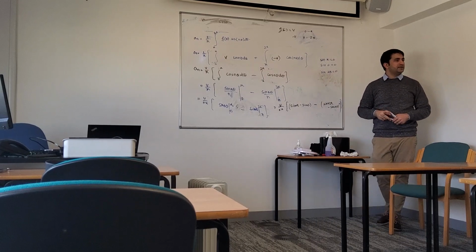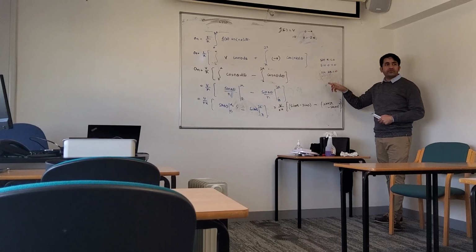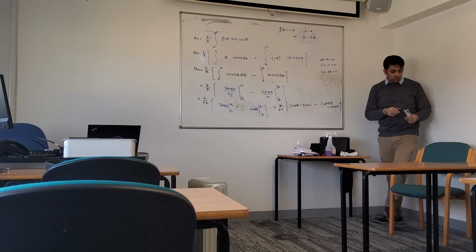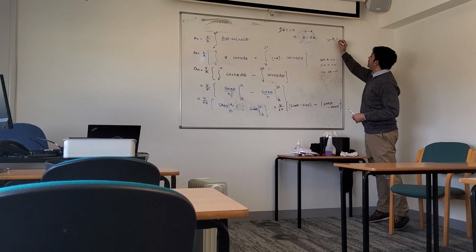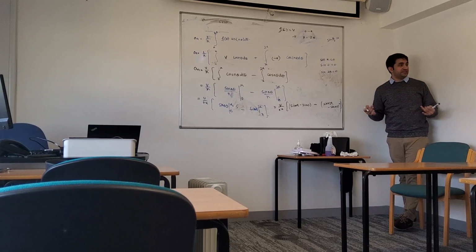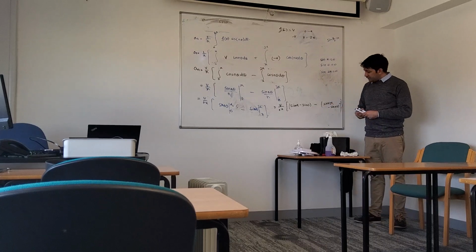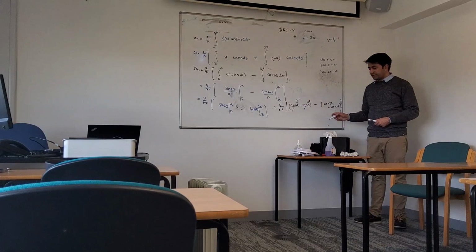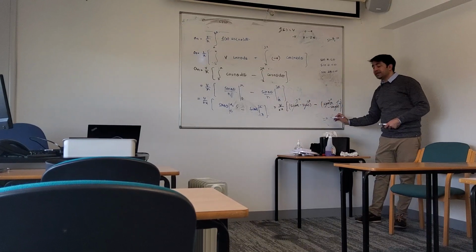So whatever the value of n, 1, 2, 3, 4, 5, sine is 0. The only point where sine is 1 is pi by 2, but here we will never get pi by 2, because n is an integer: 1, 2, 3, 4. So this sine is already 0 for all values. This is also 0, and this is also 0. So it means that your a_n is 0.